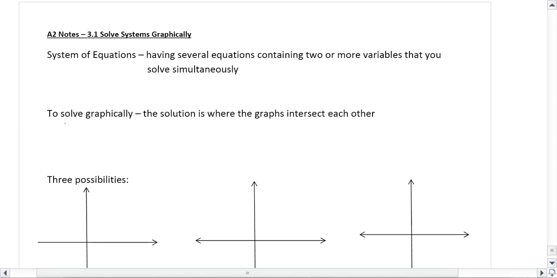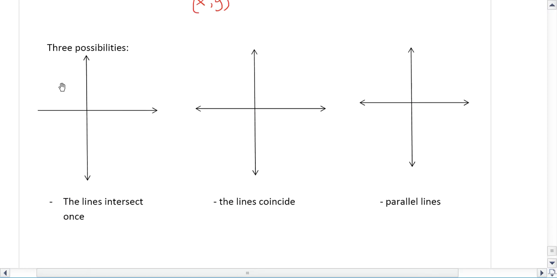To solve these graphically, it's very simple: the solution, the answer, is the location on the graph where the graphs intersect. So the solution is an xy pair. When you graph two lines, there are 3 different possibilities that could happen.